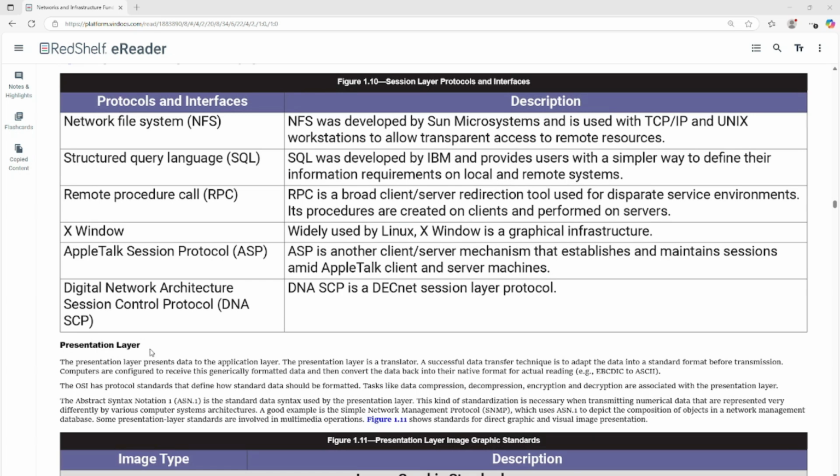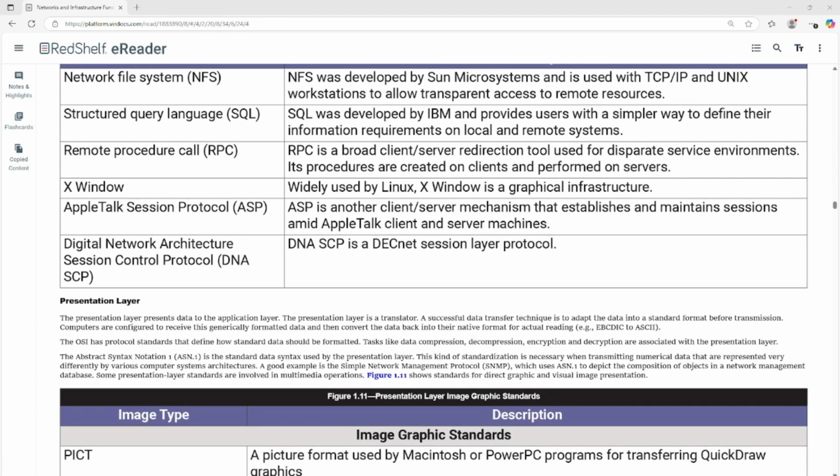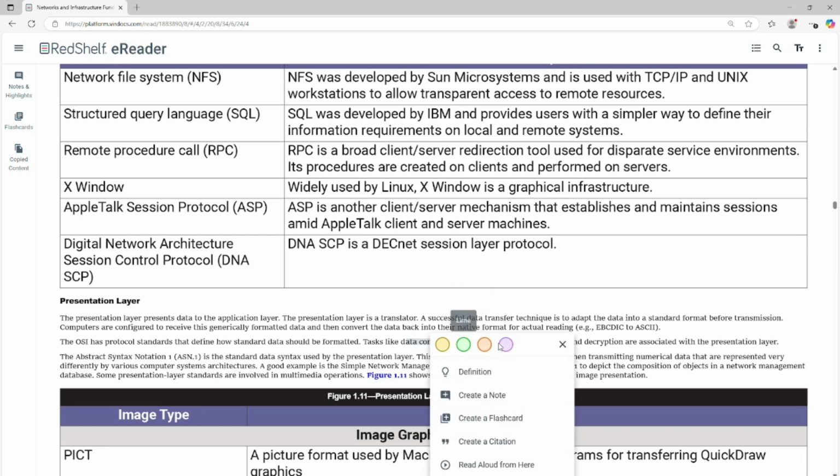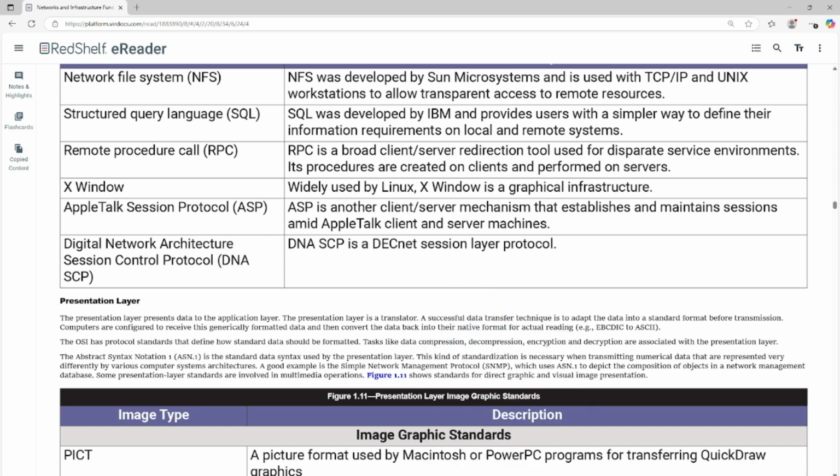Here comes the presentation layer, layer 6. The presentation layer, from its name, it presents, or we say it displays, data to the application layer. It's also referred to as a translator. The tasks associated with the presentation layer: data compression, decompression, encryption, and decryption.